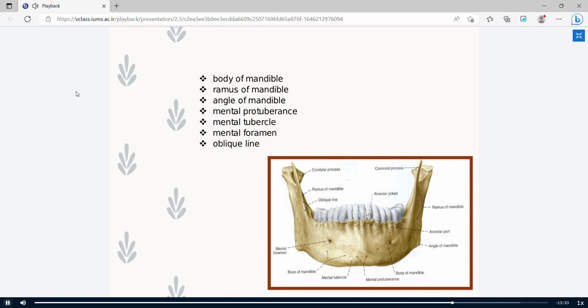The angle between the ramus and body is called the angle of the mandible. On the body you can see the anterior surface, and at the midline there is the symphysis menti.